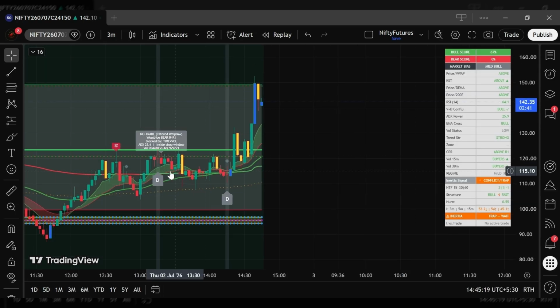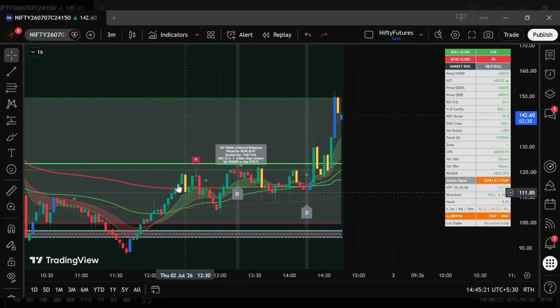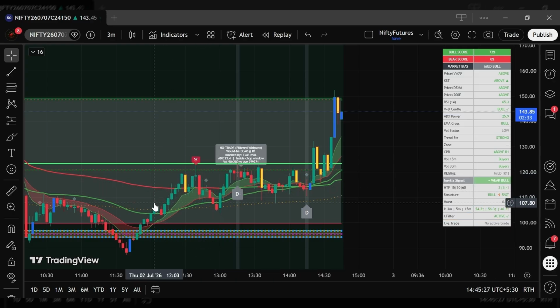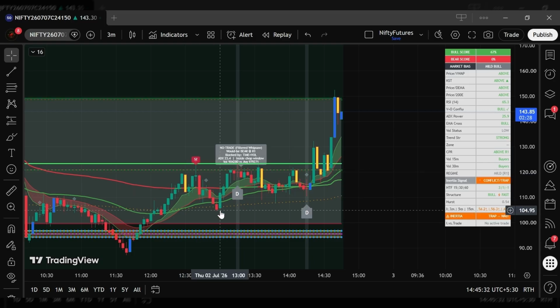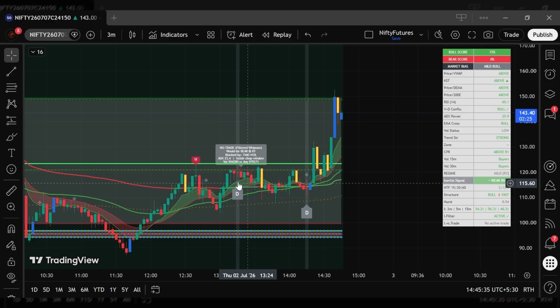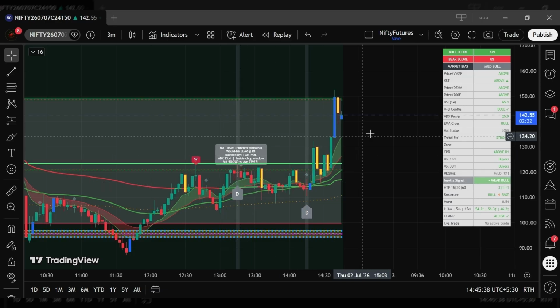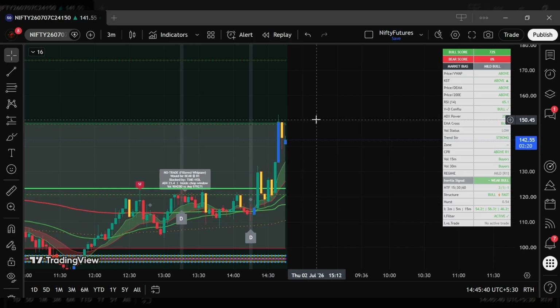I've taken my call when it was trading around 100, and when it broke out around 107 level, I closed the first trade at 122. Then it came down, I added some more points somewhere around 113, 114 levels, and now you can see it has gone up to 150.